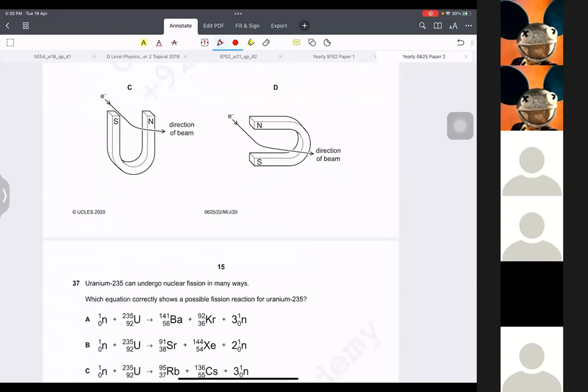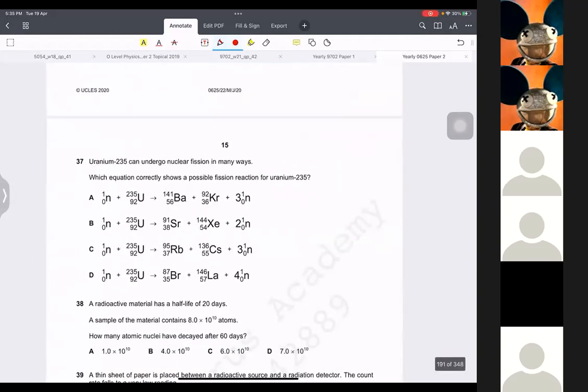Okay. Then uranium can undergo nuclear fission in many ways. Which equation correctly shows a possible fission reaction for uranium-235? Sir, A. Sorry? A? You say A? Well, it means he has checked it. So we can check: this is 235, 236.